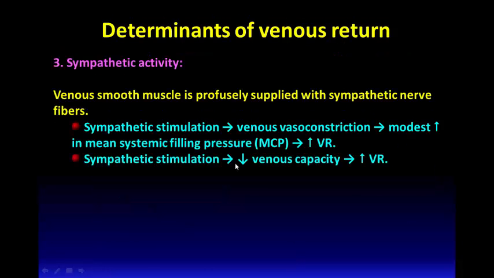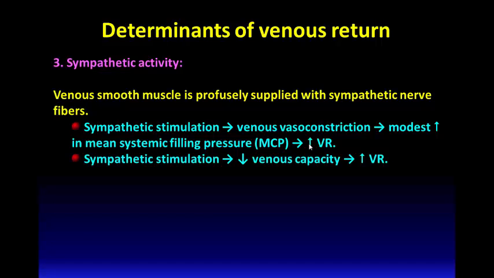The third factor which determines the venous return is the sympathetic activity. The venous smooth muscle cells which we have in the walls of the veins are profusely supplied with sympathetic nerve fibers. Sympathetic stimulation results in venoconstriction, and venoconstriction, as we described earlier, results in modest increase in the mean circulatory pressure, hence the venous return increases.